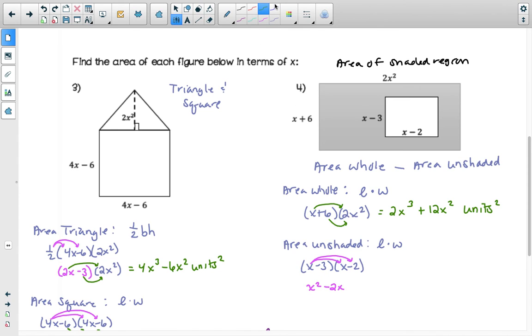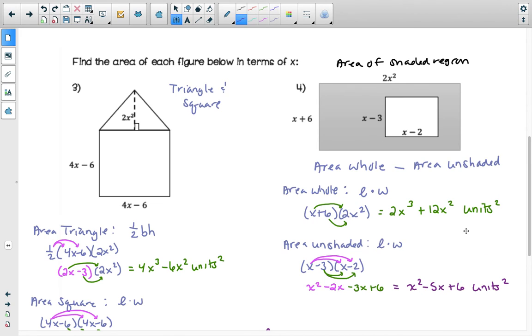And then we'll distribute to get a negative 3 times x and a negative 3 times negative 2, which is negative 3x, and a positive 6. So to combine this, we get the area of x squared minus 5x plus 6 units squared.